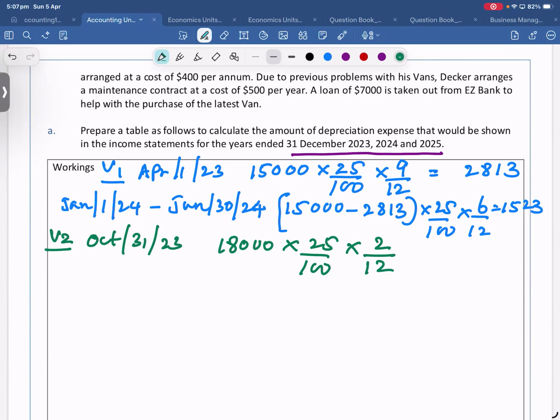So the depreciation expense coming is 750, which is here.